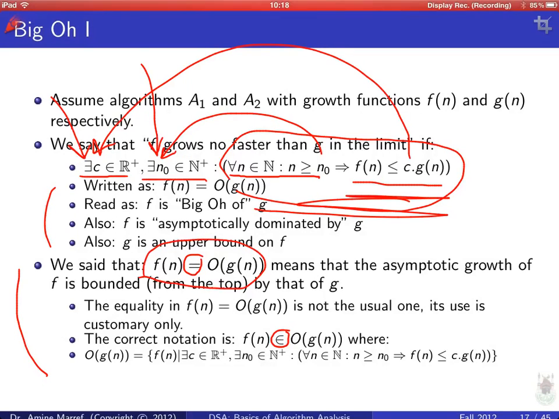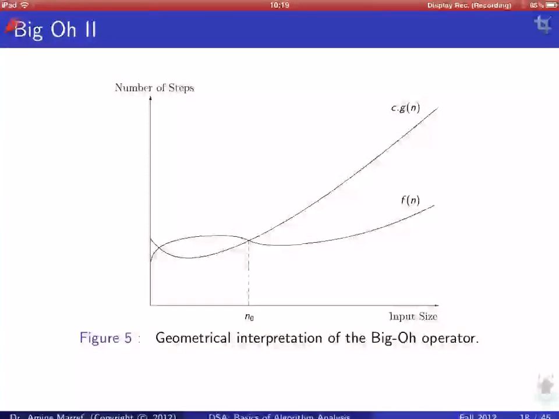Now we said that in order to prove this, we need to find a positive real number c and a positive natural number n0, such that this relationship here holds. Here we are going to use a little bit of intuition. There is no one definite way to derive the values c and n0. Usually we will derive them by observation.